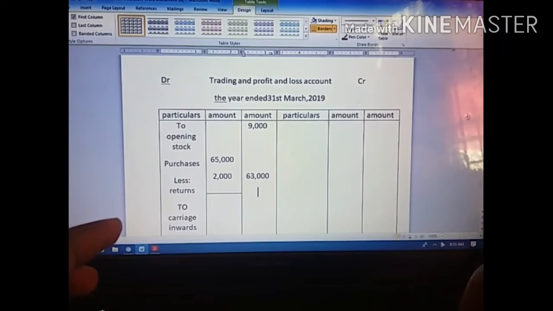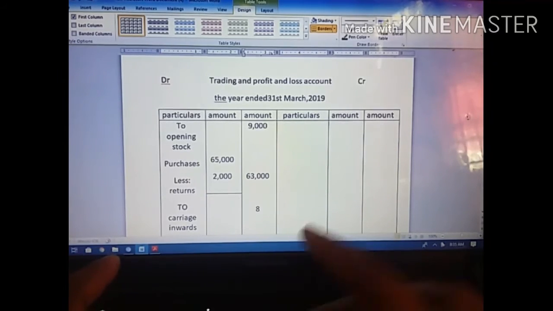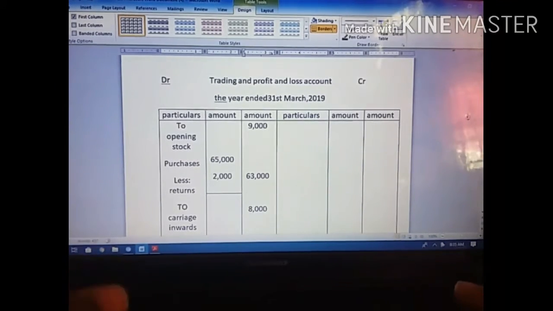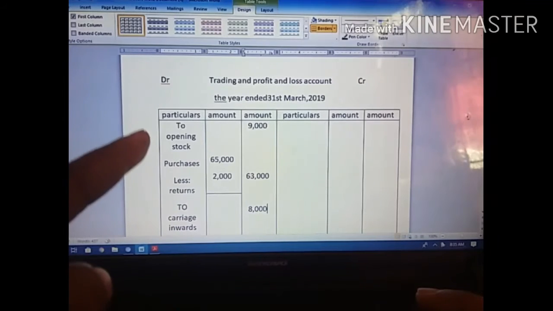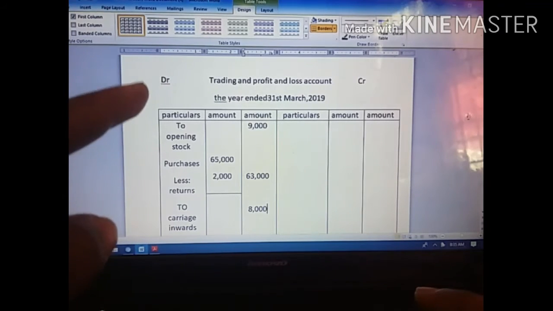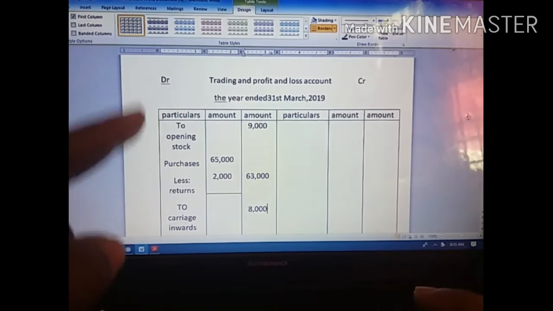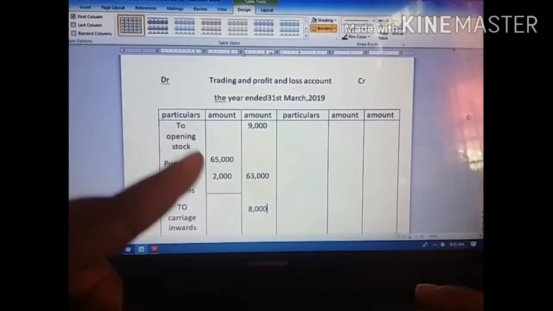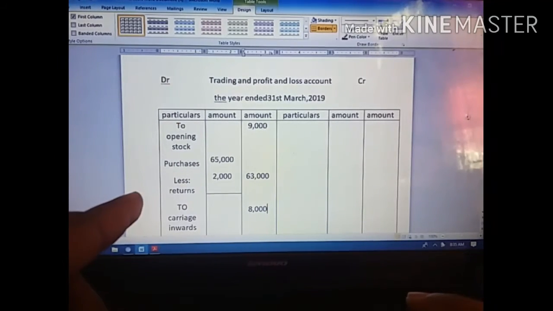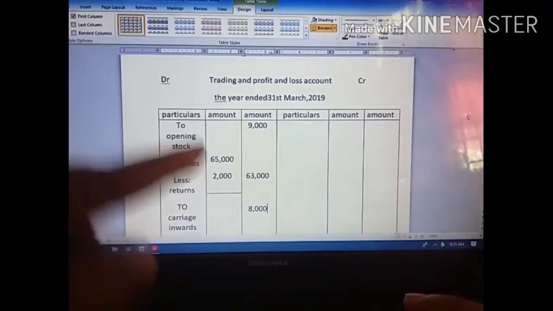Only if you have any adjustment do we use the inner column. So that's it. Opening stock is there, so we post the opening stock on the outer column. Then purchase and purchase return. Purchase we find out through the total creditors account, minus return also is given, so I have to minus the return. Then I post the amount on the outer column. Then carriage inward is there, so I show it on the trading account debit side.